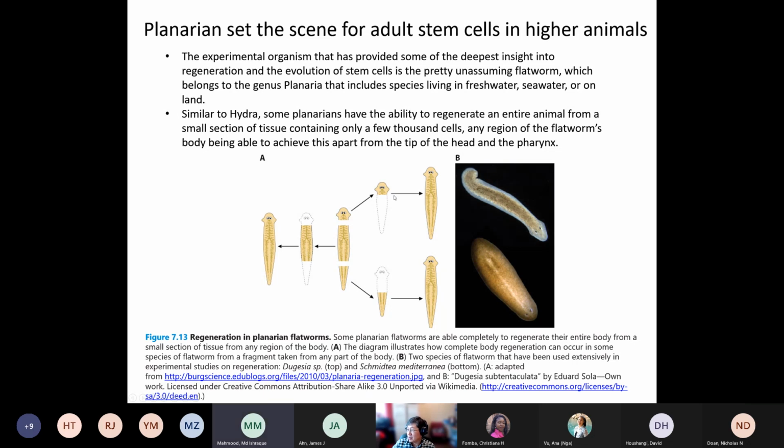What about that head part, that's also a result of that cut, right? Yes, the head is going to regrow the body and the tail. And as shown here, the tail will regrow the body and the head. So we can say that as long as they have any part of their body, either head, middle part, or the tail, they can grow the whole thing, right?